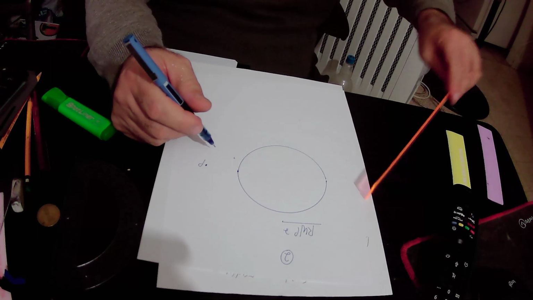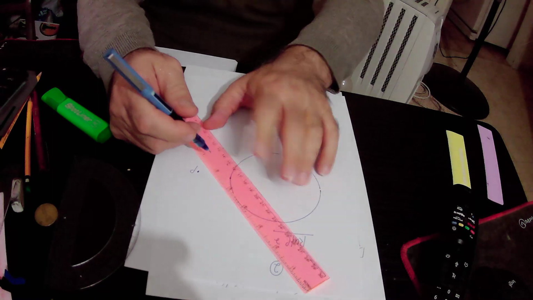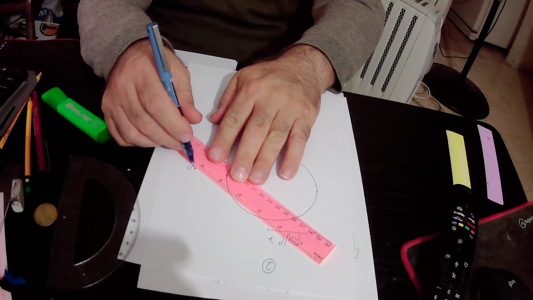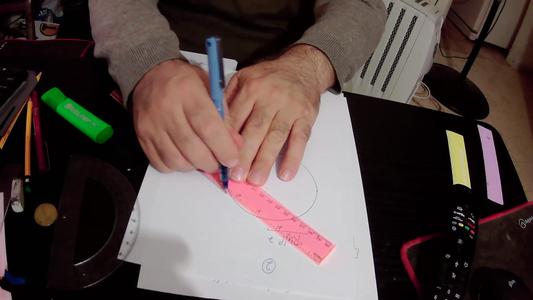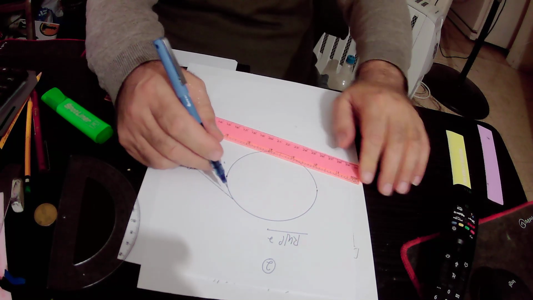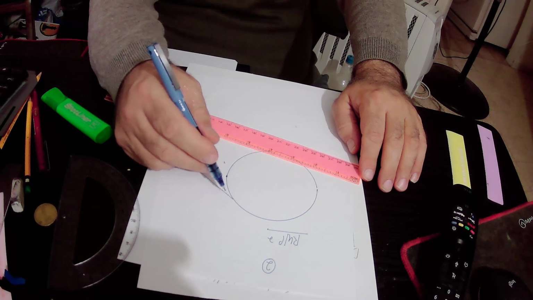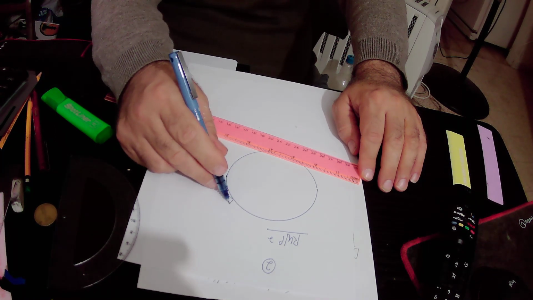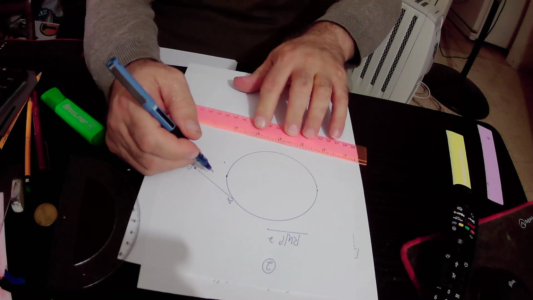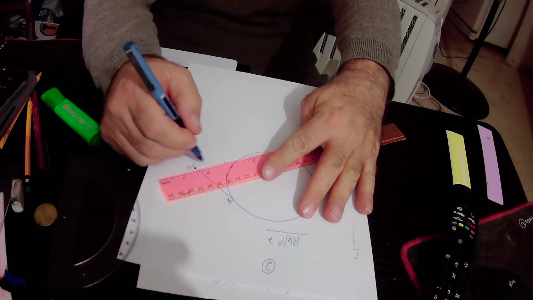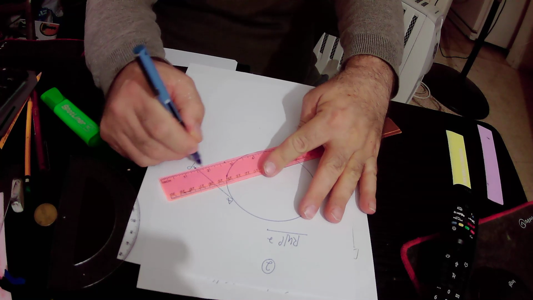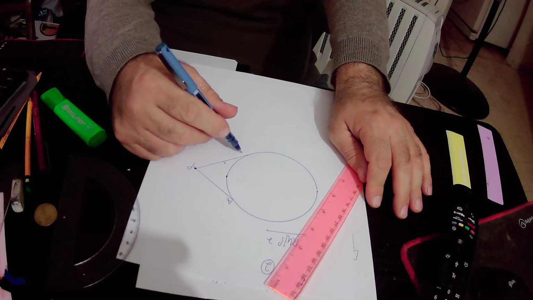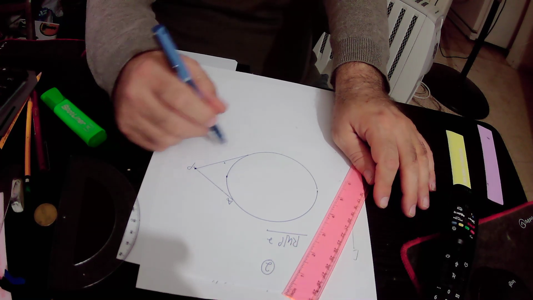So the first tangent will be, we will define the touching point between the tangent and the circle as point A, and then we will draw a second tangent to this circle. We will define the touching point between the circle and the tangent as point B.